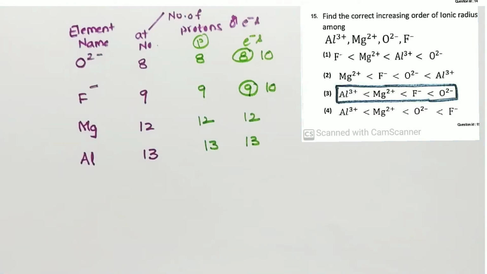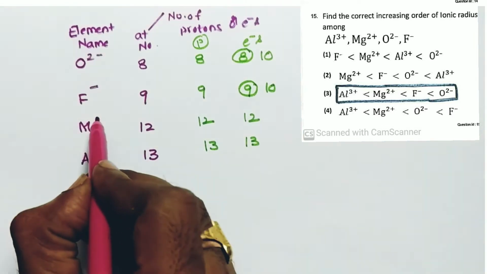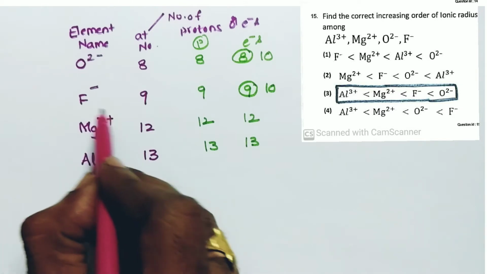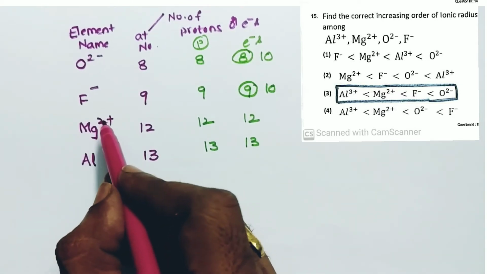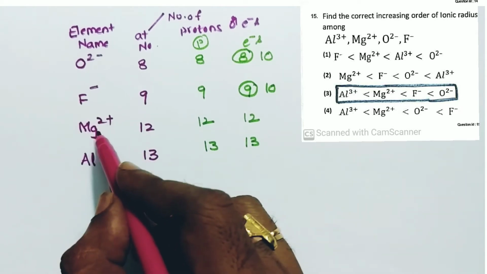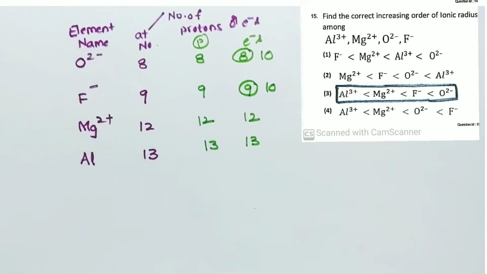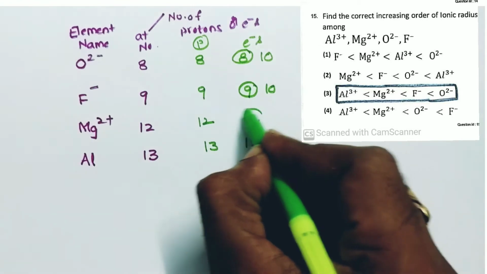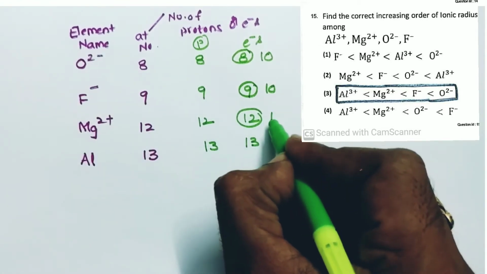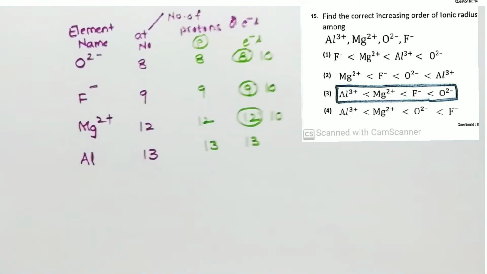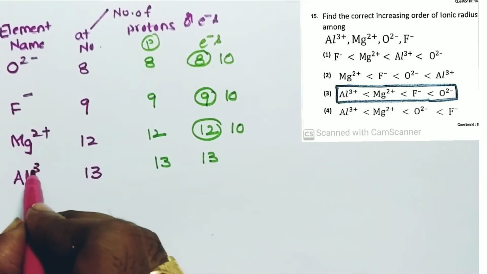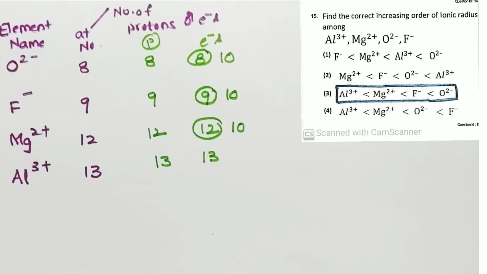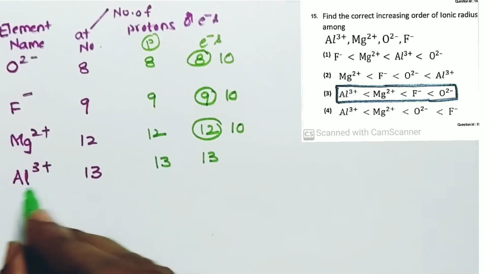And also for magnesium, it is given as Mg2 plus, that means magnesium 2 plus ion is given. So that means 2 electrons are short in magnesium atom. So the Mg2 plus ion has 10 electrons. In the same way, Al3 plus ion is given in our problem, that means 3 electrons are short.